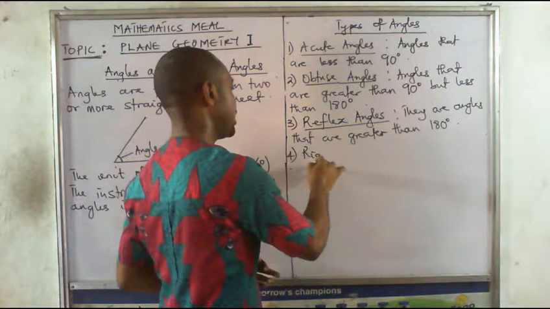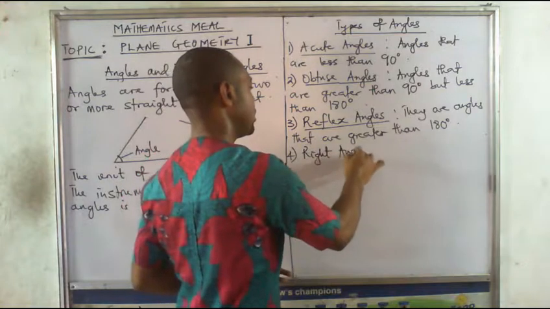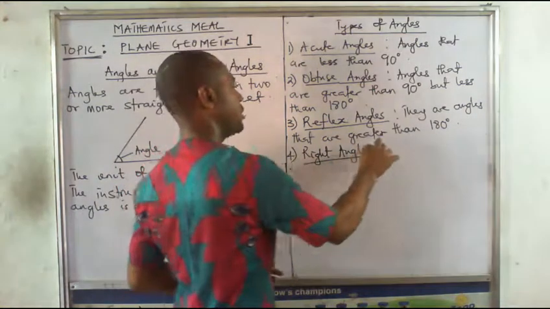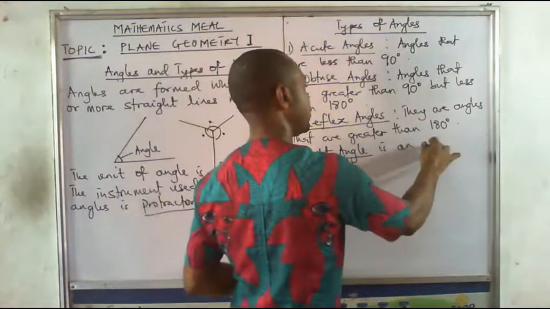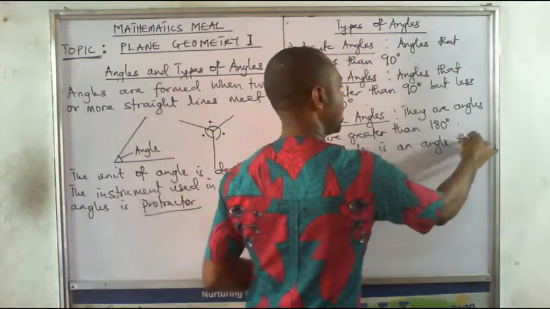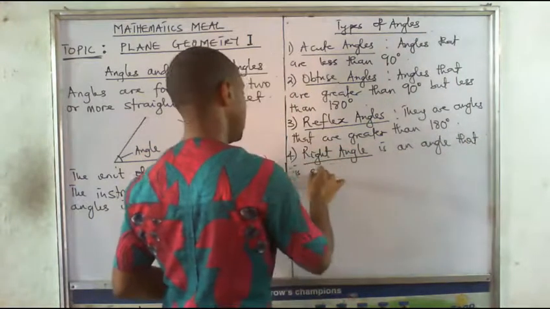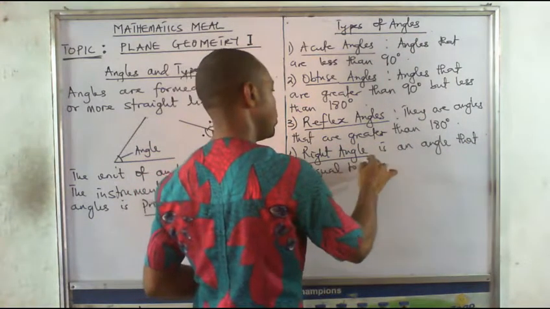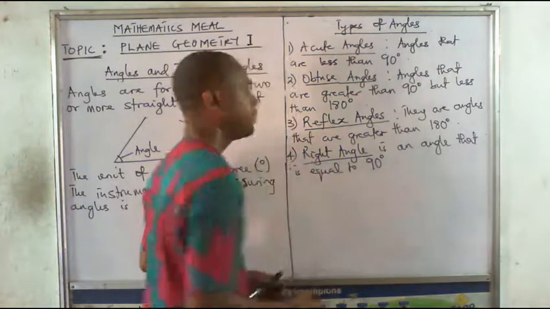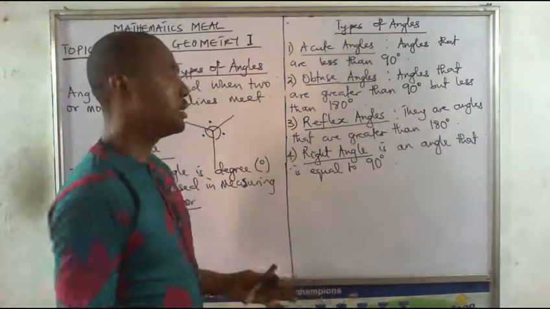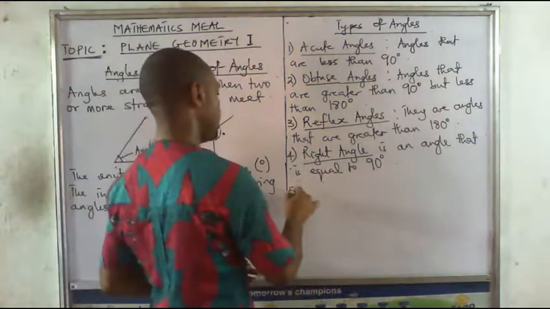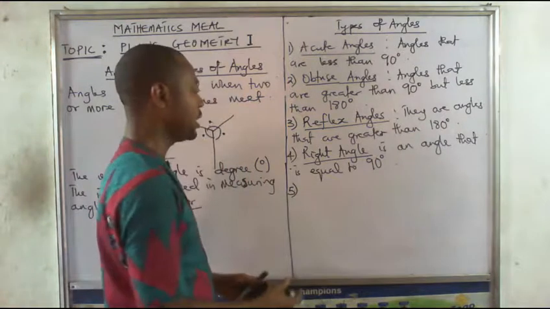Then we have right angles. A right angle is an angle that is equal to 90 degrees. So when an angle is equal to 90 degrees, that angle is what? A right angle. You must know this, they are common.